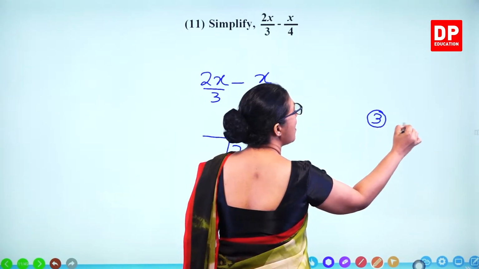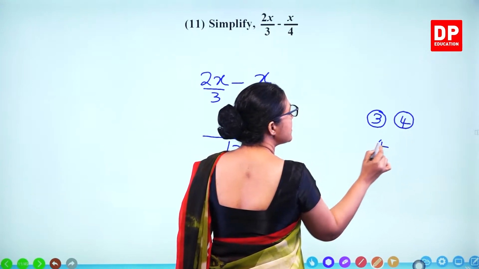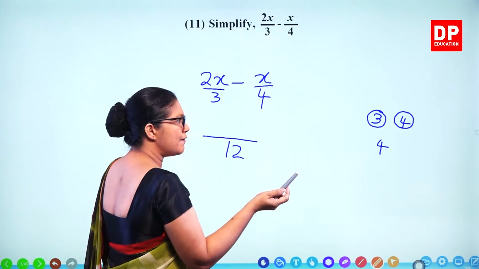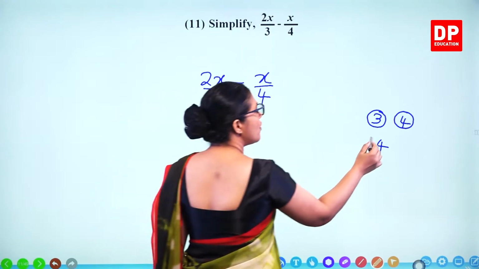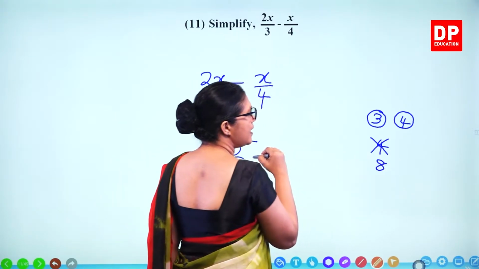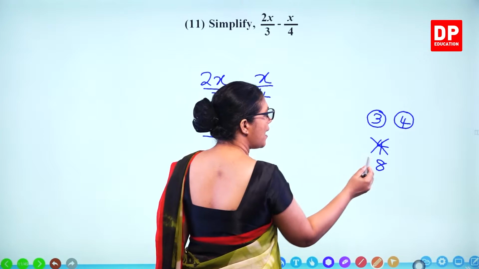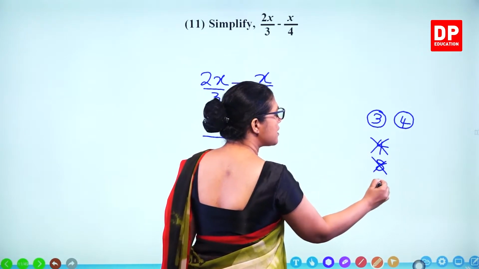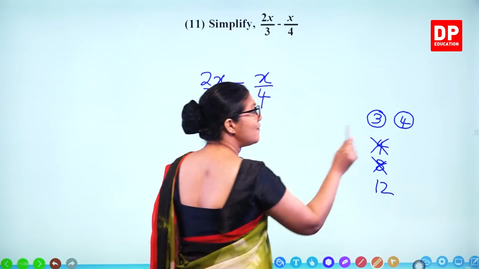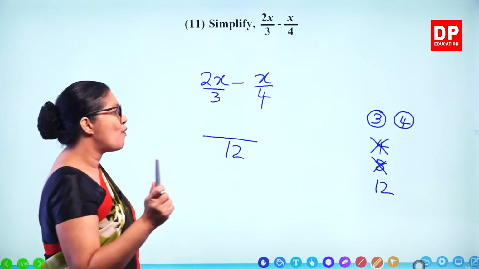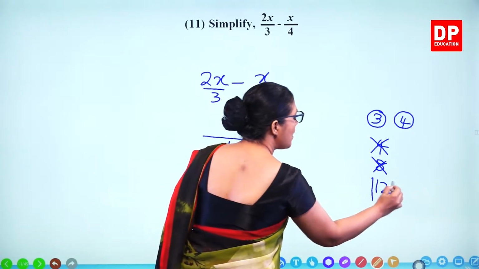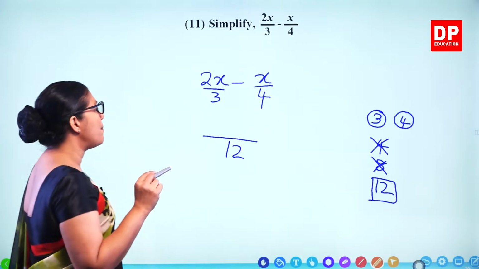We take the highest number and see whether it's divisible. It's not divisible by 3. So take the multiple 8. Still you can't divide by 3. Take the next multiple 12. 12 is divisible by 3 and 4 as well. So we take 12 as the lowest common multiple.